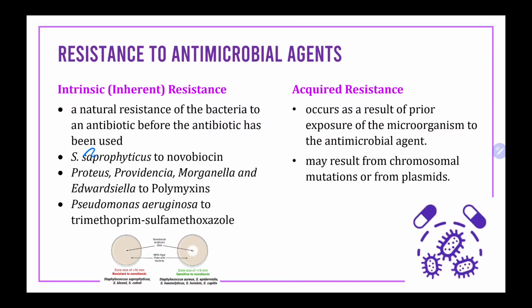Examples are your Staphylococcus saprophyticus, which is resistant to novobiocin, your PPME or your Proteus, Providencia, Morganella, and Edwardsiella species. These are resistant to polymyxins. And lastly, your Pseudomonas aeruginosa is, as we all know, resistant to your SXT or your trimethoprim-sulfamethoxazole.